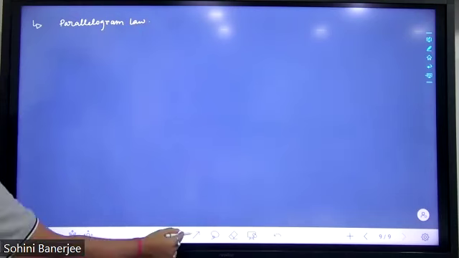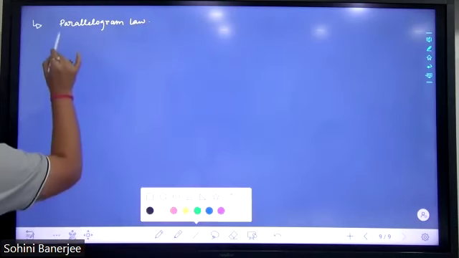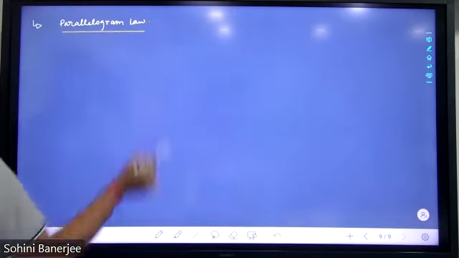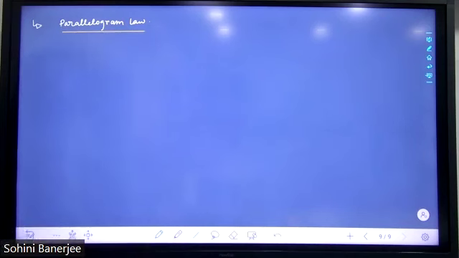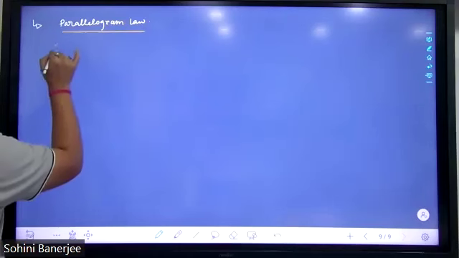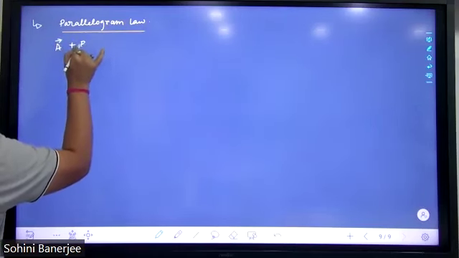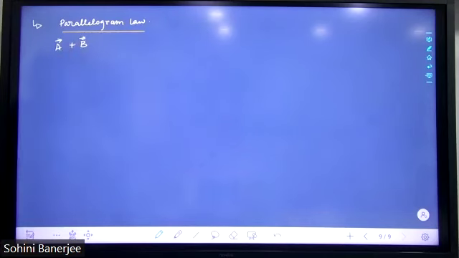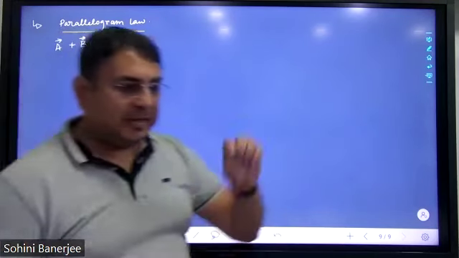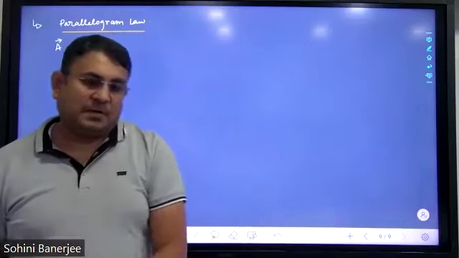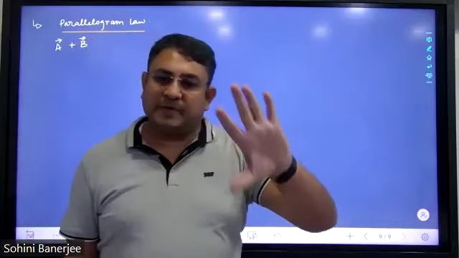Parallelogram law. Say we ought to add two vectors A and B. So the mathematical expression should be A vector plus B vector. When you put an arrow on A, that means vector.